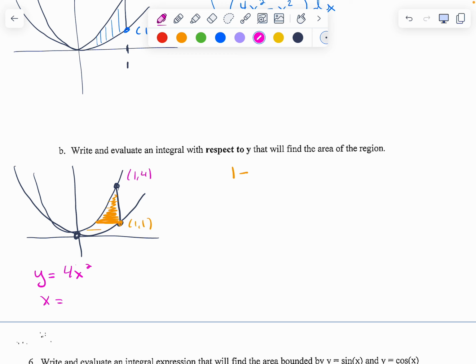X equals 1/4 y square root. It's square root of y all over 2, or 1/2 square root of y. But that area only goes for y values that go from 1 to 4, right? From here to here, y's are 1 to 4.